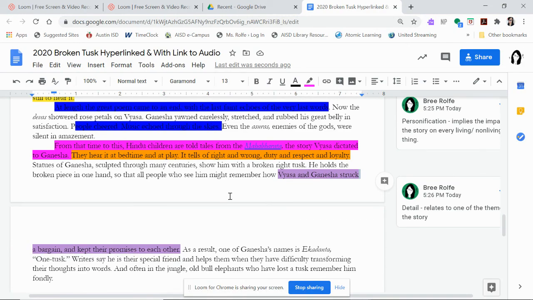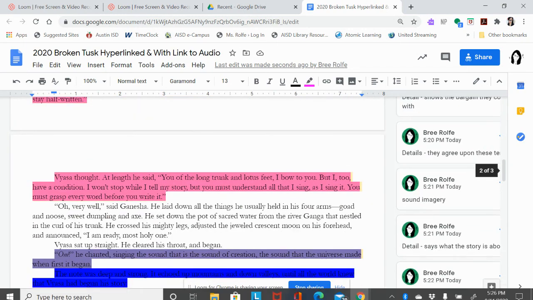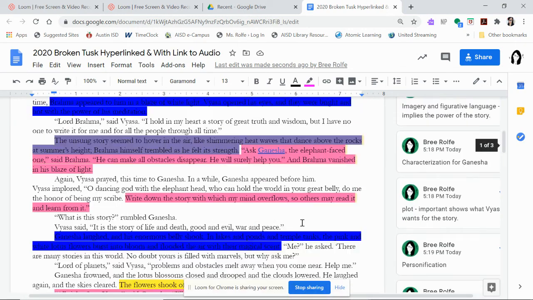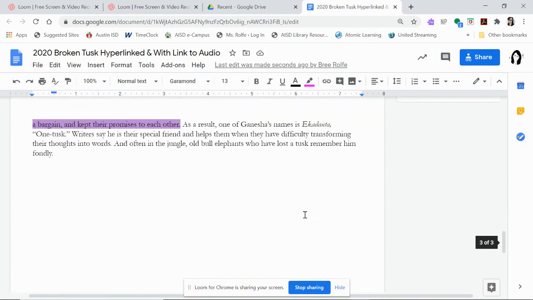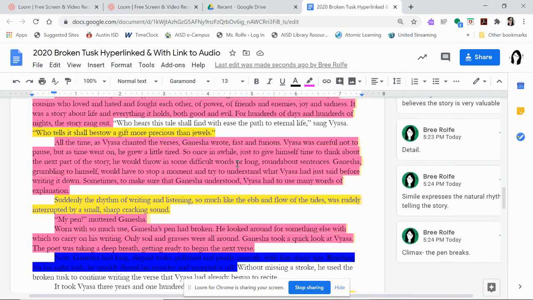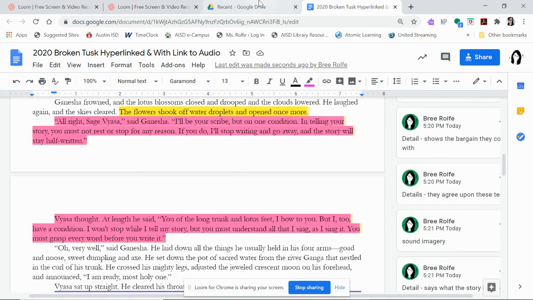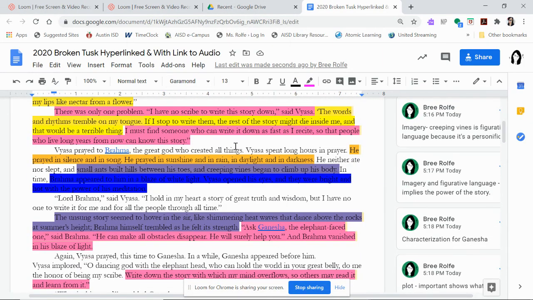Okay, so that is about how I would highlight this story. I think I have highlighted it better in the past, but you get the idea. Feel free to steal my markings, but I think you could even do a more thorough job than I have here, but this kind of gets the job done.